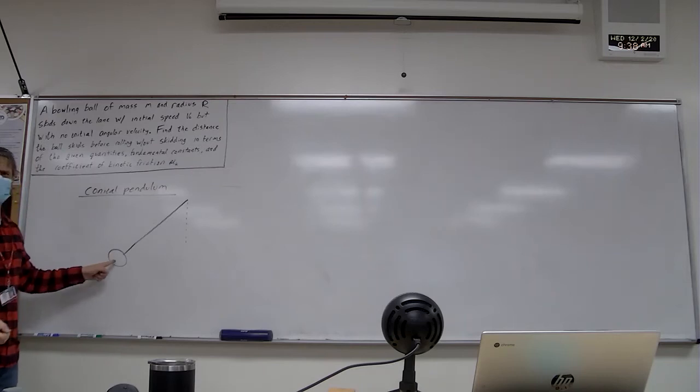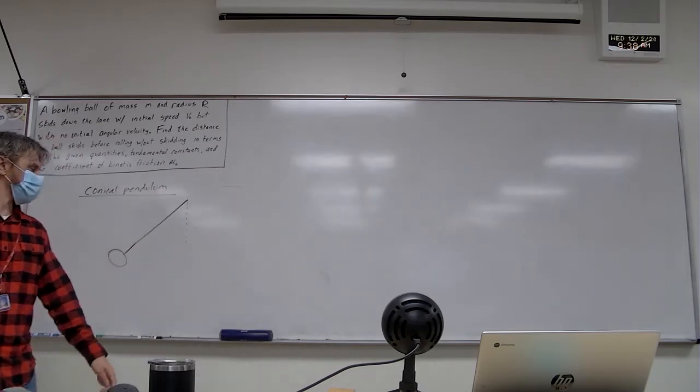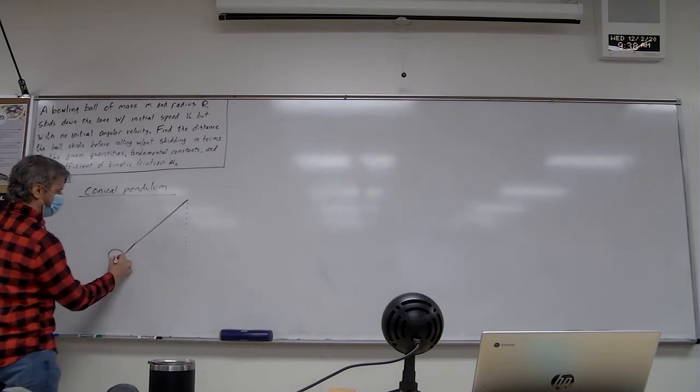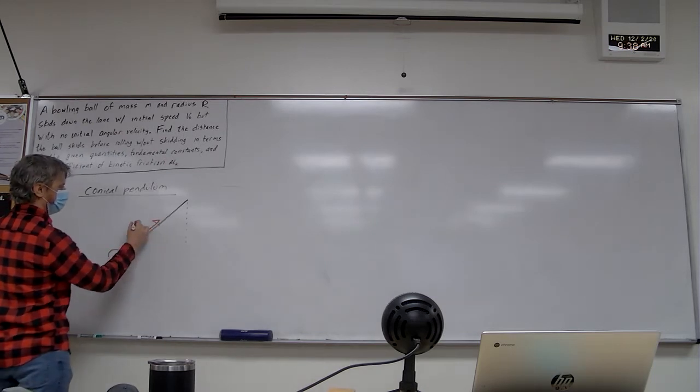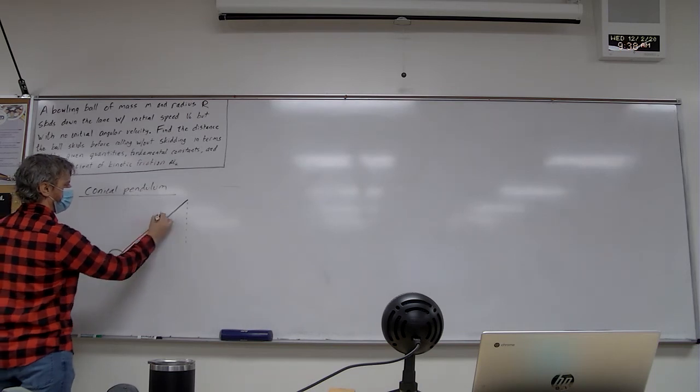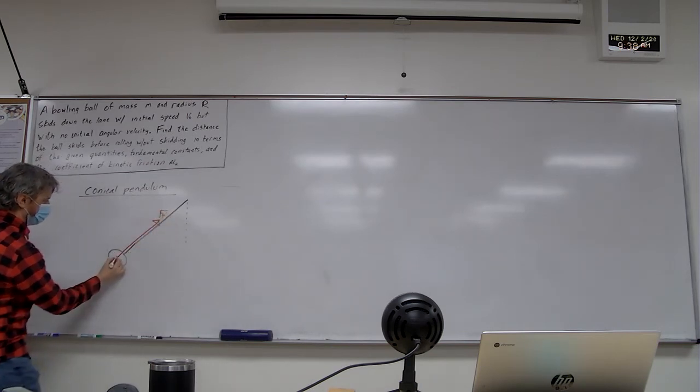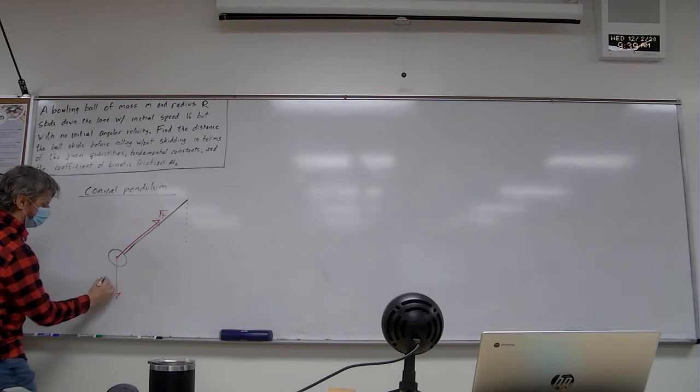What forces are acting on the pig? And let's neglect air resistance and the wing thrust force. The force of tension, which points up in the direction of the rope. That'll be my tension force. And then the force of gravity, mg, pointing down.